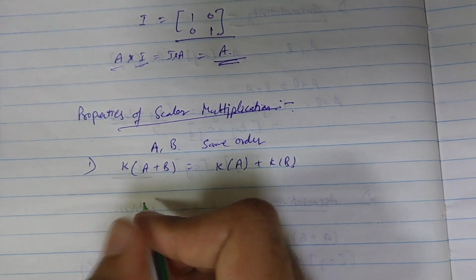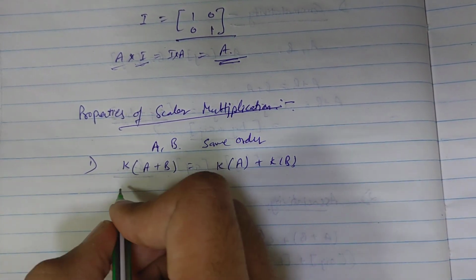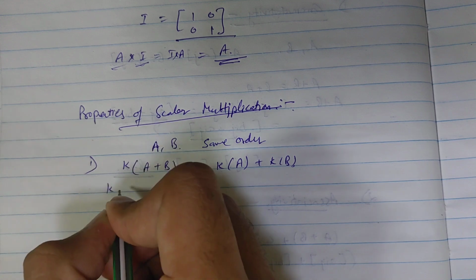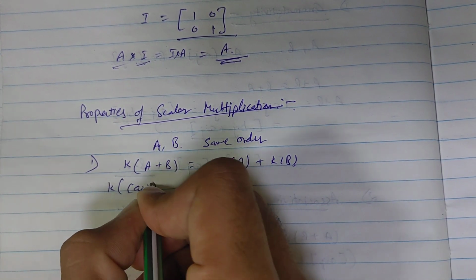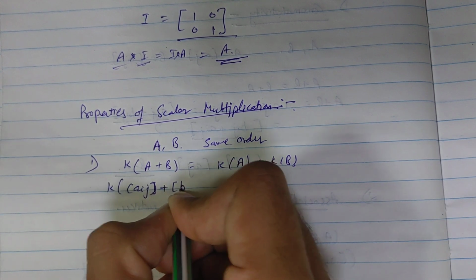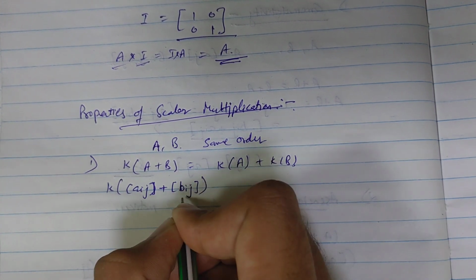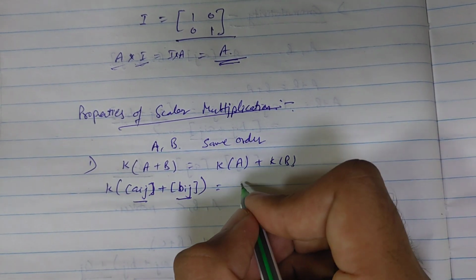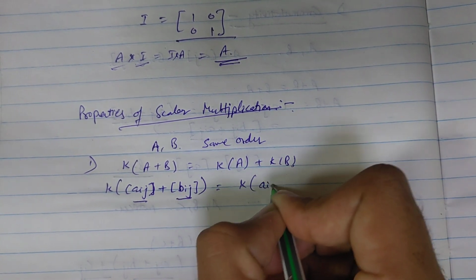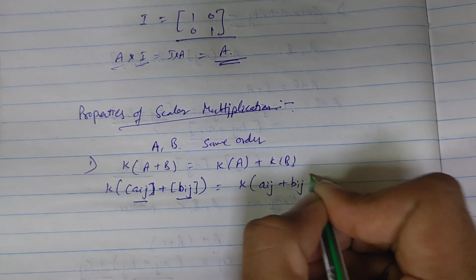Okay, so what does this mean? Let us prove this. Take K and we can write it like Aij plus Bij, where these are the elements of A and B. Okay, so what will be this? We can write it like Aij plus Bij.